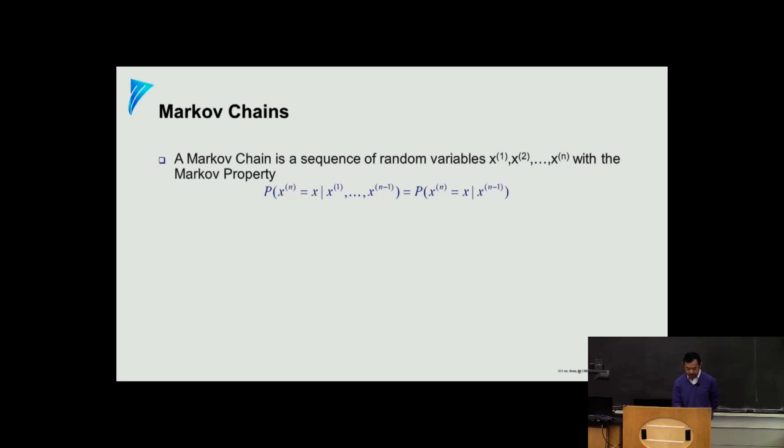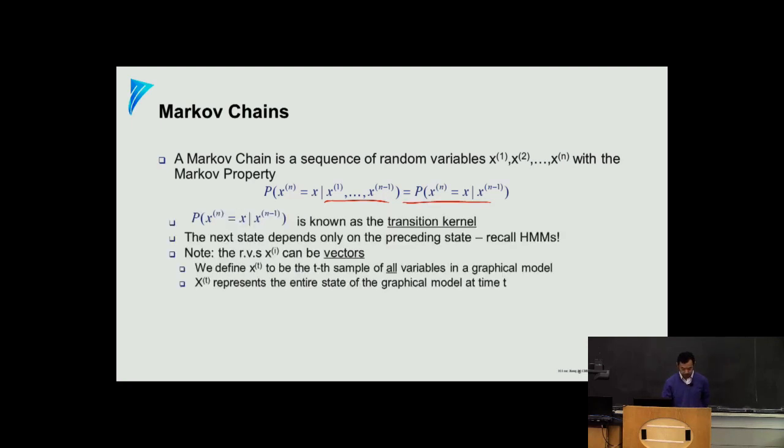In fact, it is in principle based on all the previous examples, but we're going to assume a first order Markovian property, so that given the immediate previous example, all the other early examples are not influencing the next example. Okay, so this is actually forming a Markov chain, in the sense that all these states are going to form a Markov chain. And this probability is known as the transition kernel.